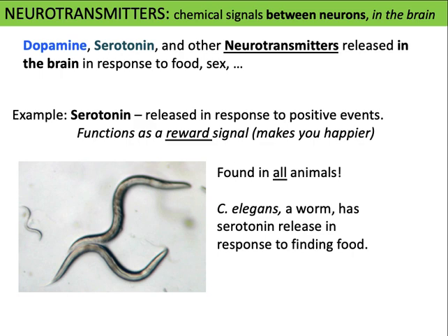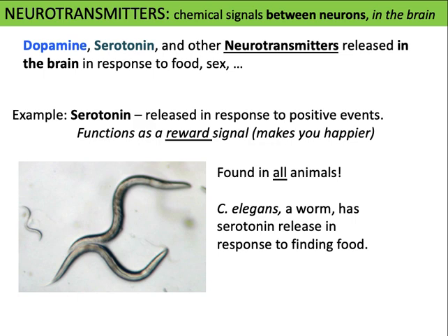And you can imagine that it makes sense that finding a high calorie food would provide a psychological and physiological reward to promote the future discovery of food. That makes sense from an evolutionary perspective.